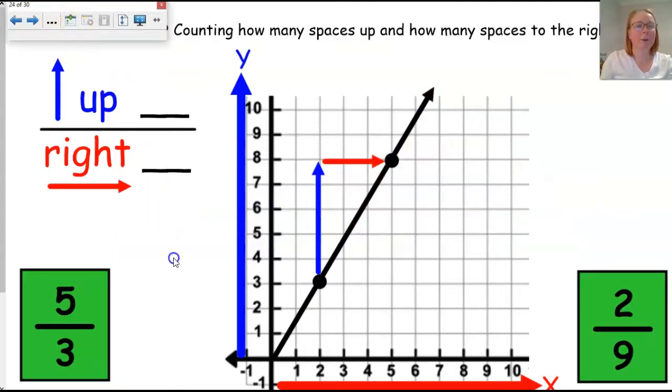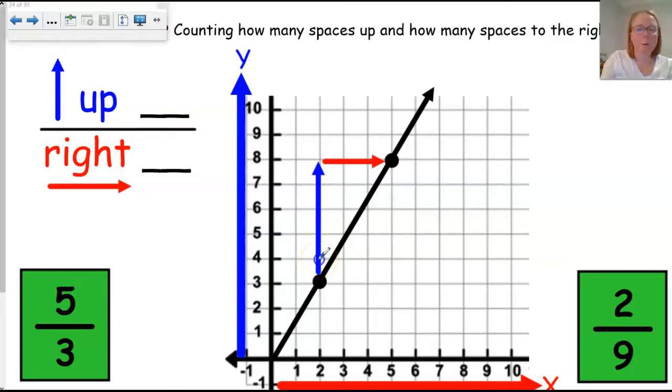So now what we need to do is count our slope. So we need to calculate the slope, we need to see how many spaces up and write that number over how many spaces we go to the right. Well, let's see. We have our points here. I have a point here and a point here. So how many spaces did we go up? Ready?